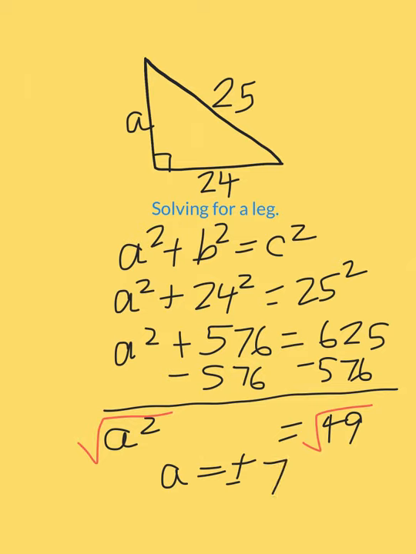But in this case, we only want to use the positive number because it represents a distance or a side length. Those can only be positive. So in this problem, a is equal to 7. Okay, so I figured out the length of the leg by using the Pythagorean theorem. I think that's pretty cool.